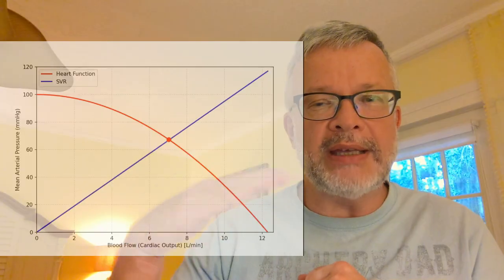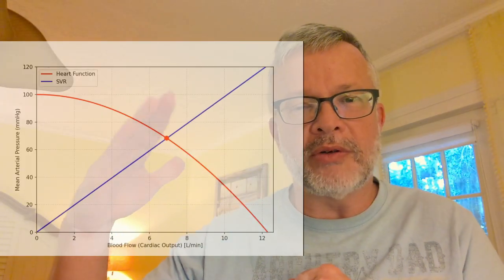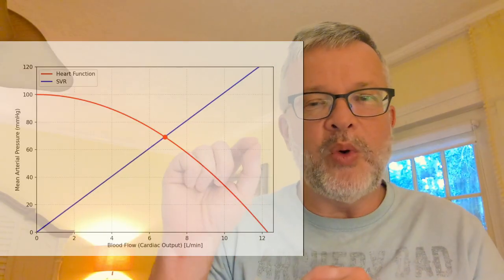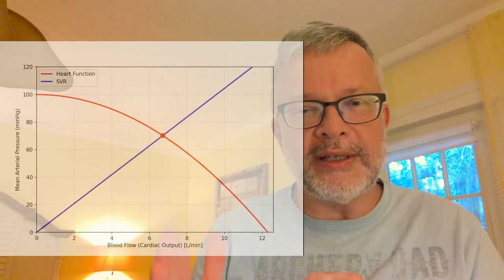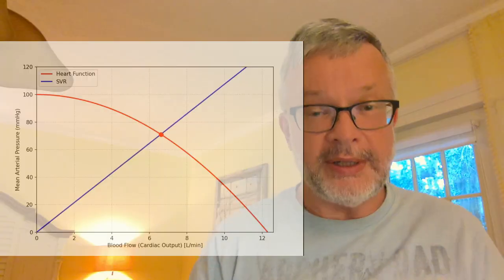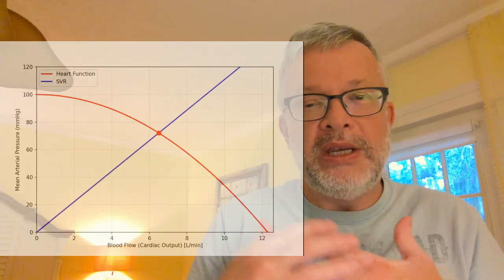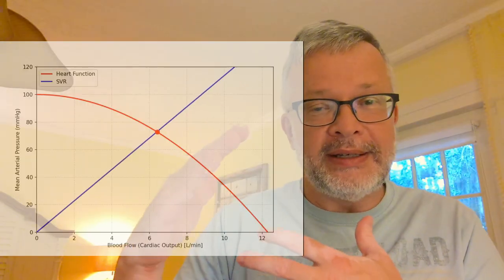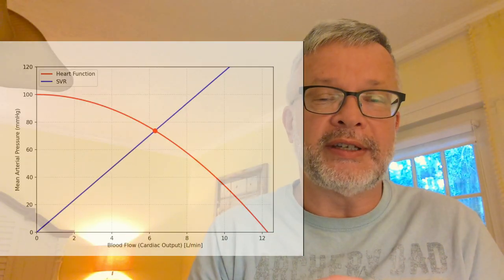So as the systemic vascular resistance goes up, the point goes to higher pressure and slightly lower cardiac outputs. This is why we should have a balanced systemic vascular resistance, so it gives us enough perfusion and enough pressure for our physiological needs. So this is how it works.